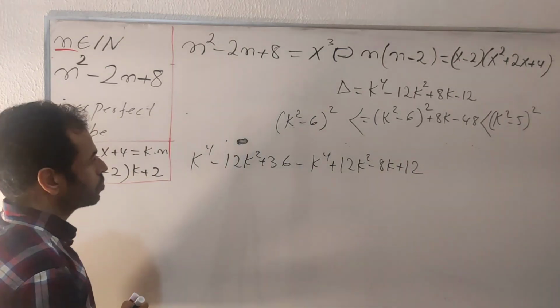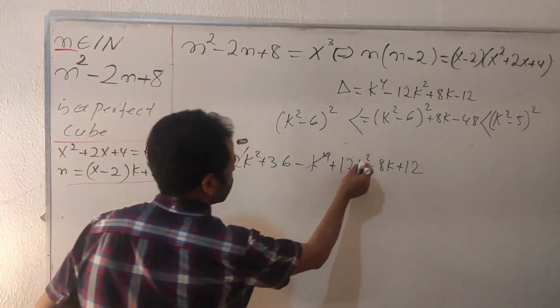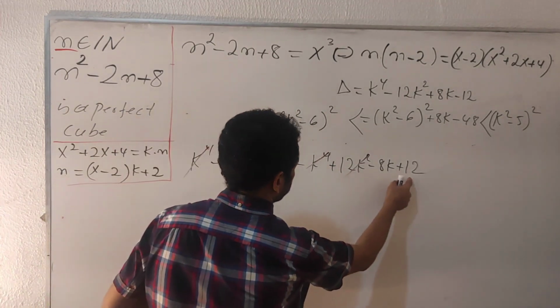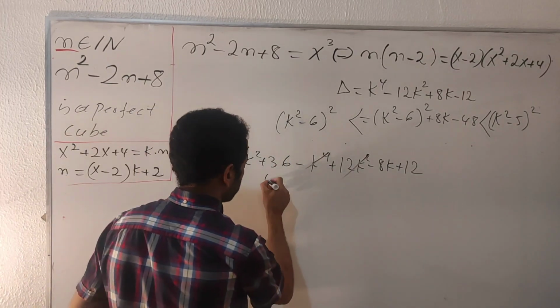Okay, so a lot of stuff will be cancelled out. So I get here 36 plus 12, which is 48.